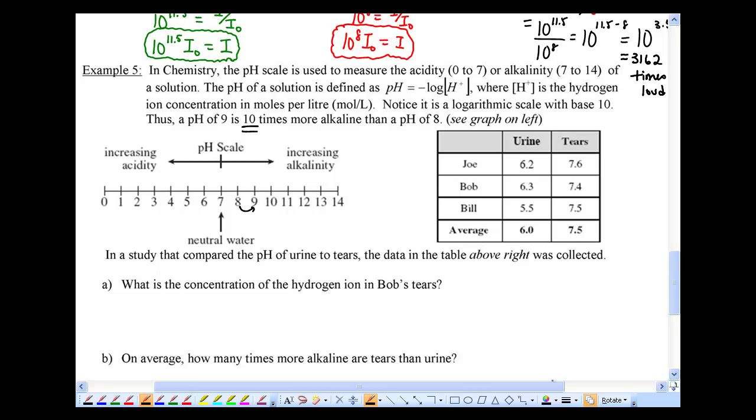So using the formula up here, I'm going to ask you to just find the concentration of ions. So 7.4 equals negative log H plus. How am I going to solve this? We're going to divide both sides by negative, so I'm going to have negative 7.4 equals log H plus. Then, once again, change to exponential form.